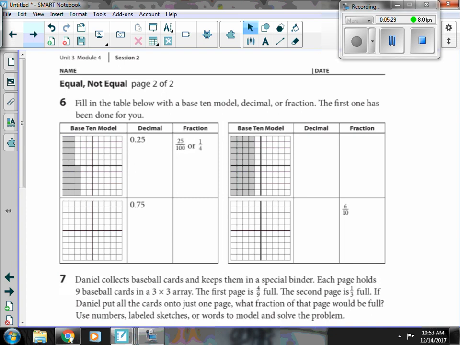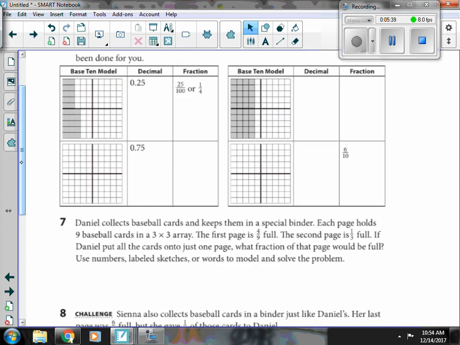On the back, fill in the table with the base 10 model, decimal, or fraction. Okay. The first one is done for us. So we're either drawing the picture, writing the decimal, or the fraction. So over here, I have 40 hundredths filled in, and so we can write 40 hundredths.